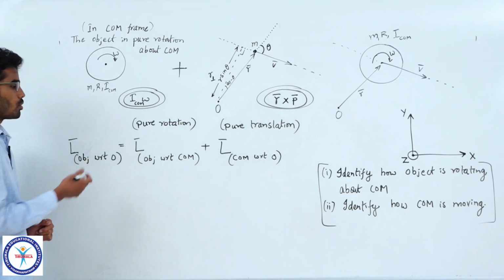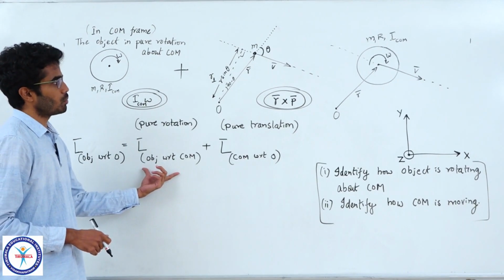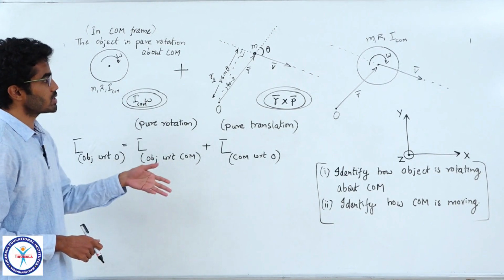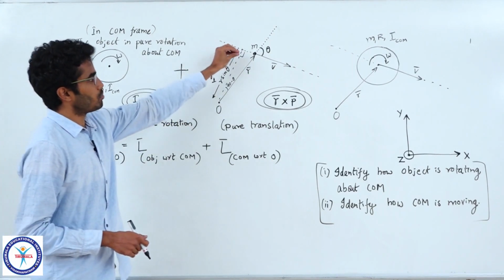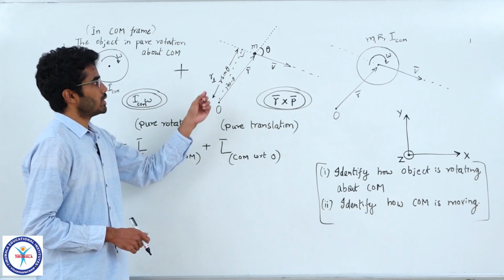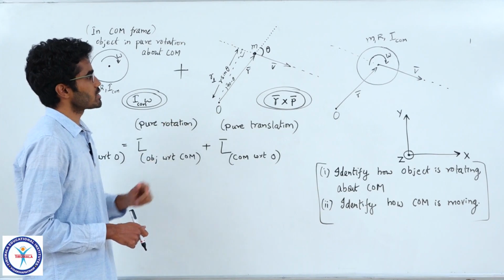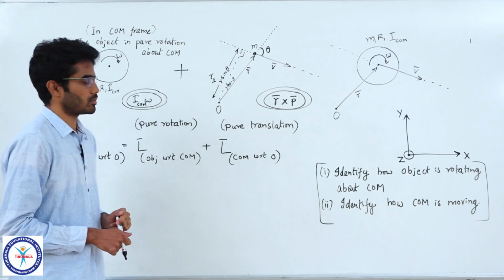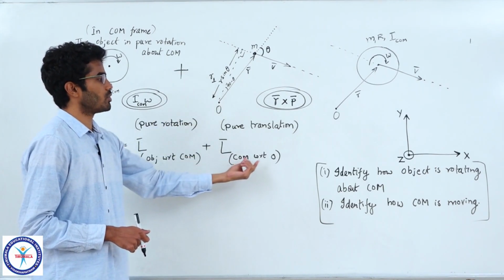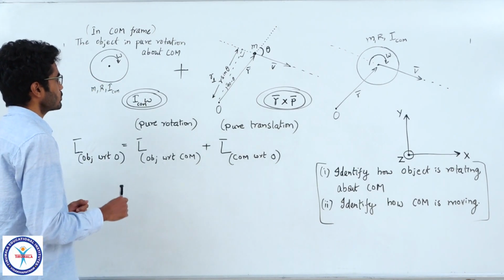Once you do that, the angular momentum of the object with respect to O is written as the angular momentum for pure rotation, that is in the center of mass frame, plus treating the entire mass to be a point mass and finding its angular momentum about the point O. That means the angular momentum of that point mass with respect to O. So, how do we do it?